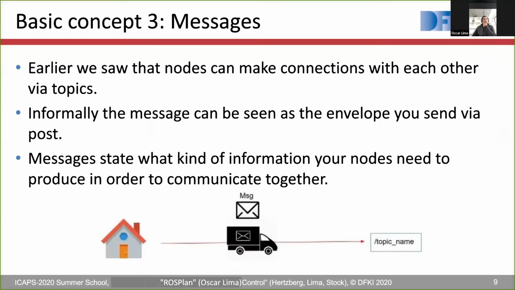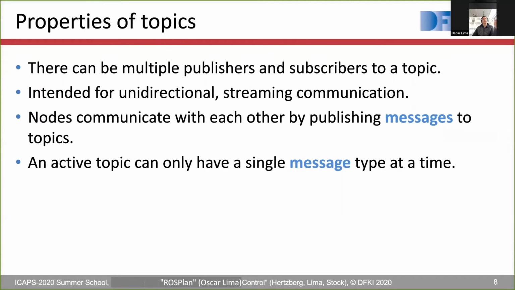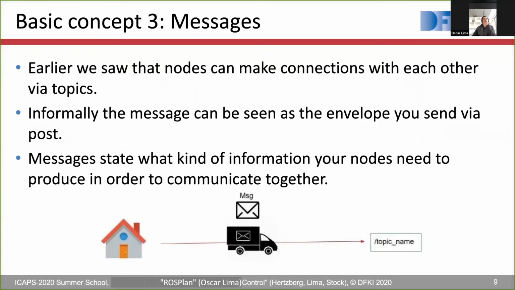And then the third basic concept is the messages. So you already saw intuitively what a message is. We already talked about it, but imagine you are in your house and you want to send a package to someone. So the truck would be like the topic, and the message would be like the envelope. So you can send multiple messages continuously to the final destination.